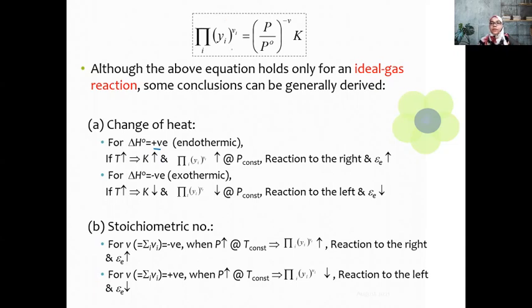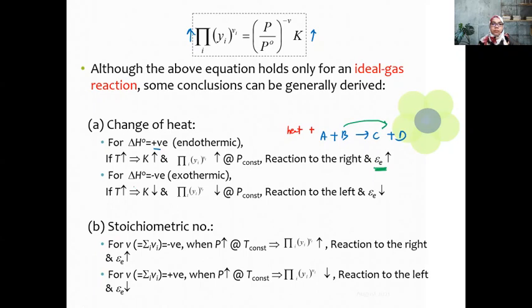Referring to this expression, by increasing the equilibrium constant, the product of the mole fractions to the power of the stoichiometric numbers also increases, and the reaction will turn to the right, for example A plus B equal to C plus D. For the endothermic reaction, we add heat into the reaction, so the reaction will turn to the right, and eventually it will increase the equilibrium conversion.